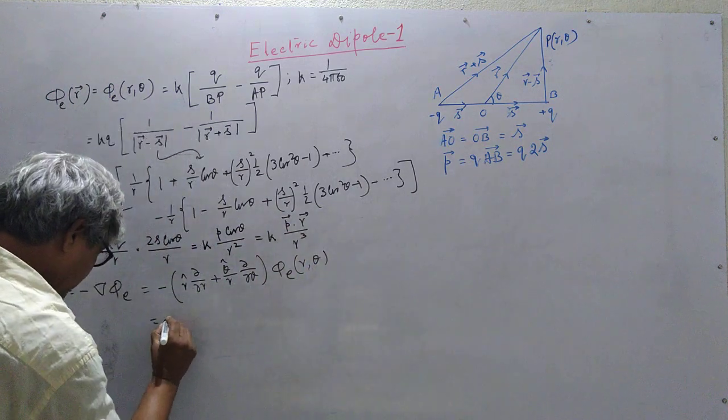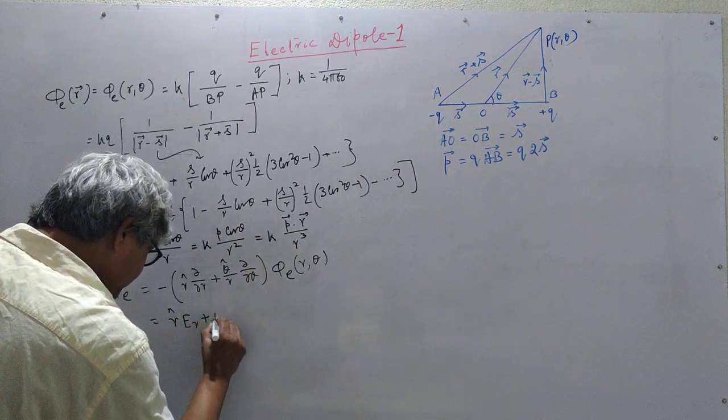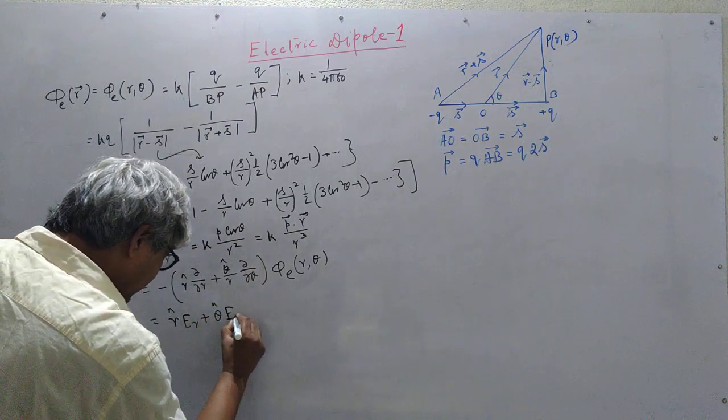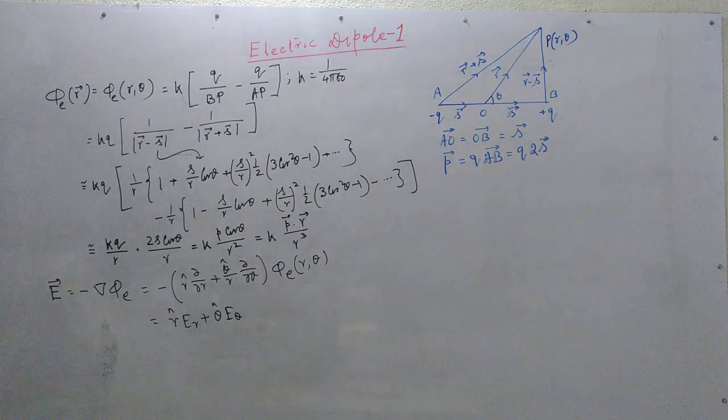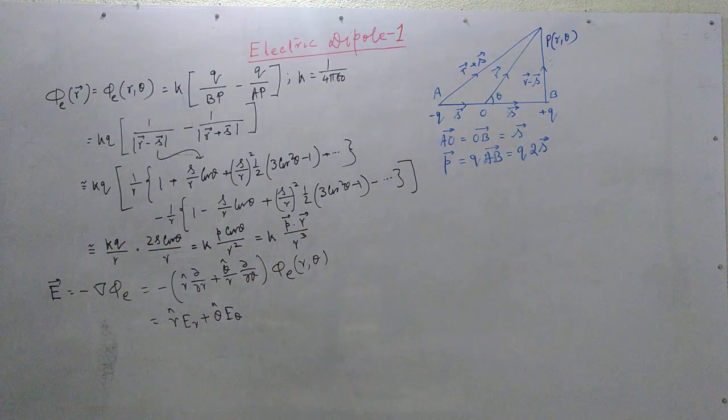This will give you r cap E r plus theta cap E theta. From this one can find out the radial and cross-radial components of electric field. That has been already done in connection with Coulomb's law.